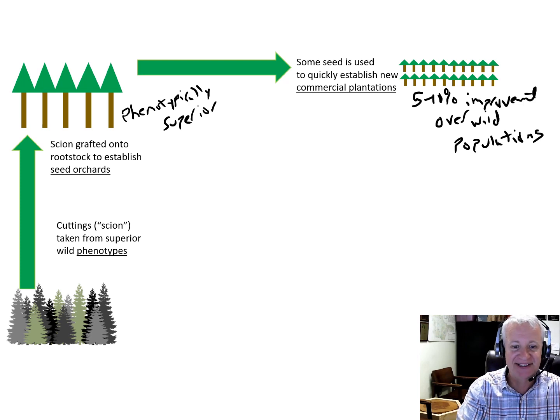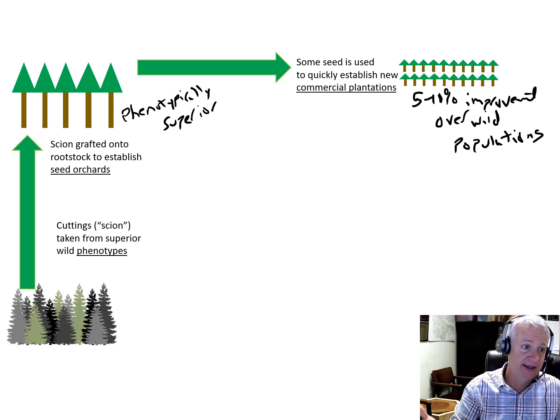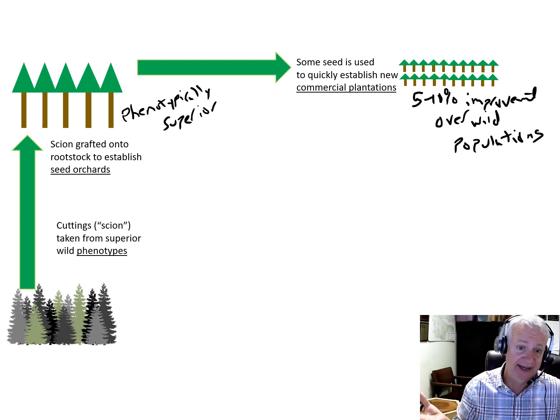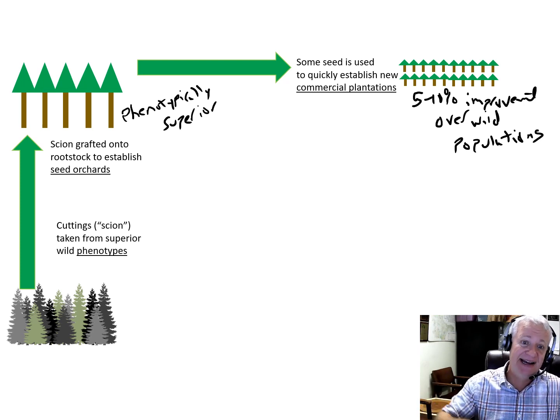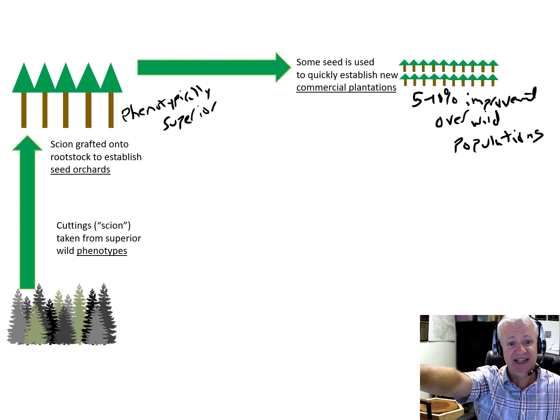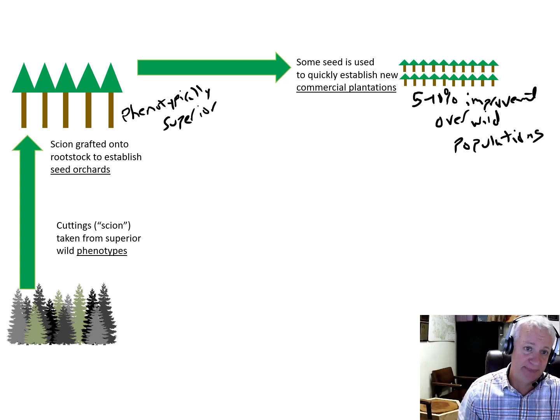So basically that's the improvement that you get just because some of that phenotypic superiority that you brought into the seed orchard, some of that is genetic. And that is carried through into these offspring, these progeny. So just that first step will give you a 5 to 10% improvement over wild populations.